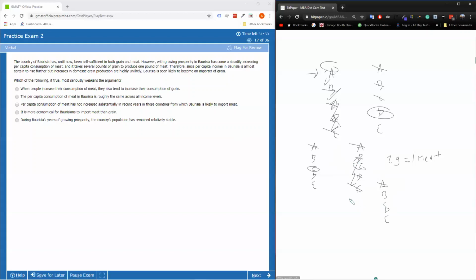I don't think that matters. Per capita consumption of meat has not increased substantially in recent years in those countries from which Baurisia is likely to import meat. So if they do that, they don't need to import grain if they import the meat directly. So maybe it's more economical. So yeah, sort of like that.